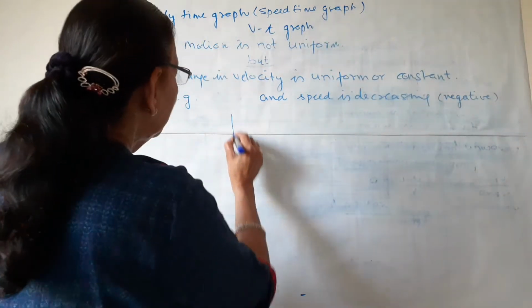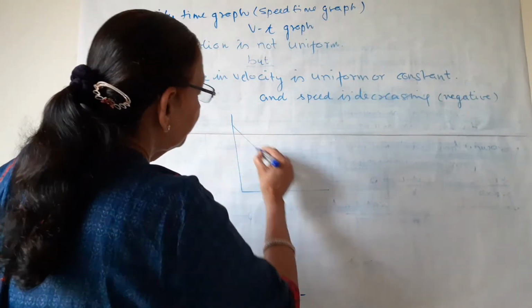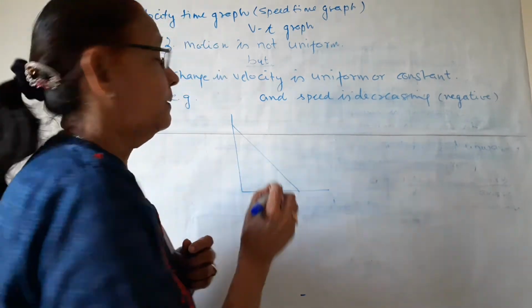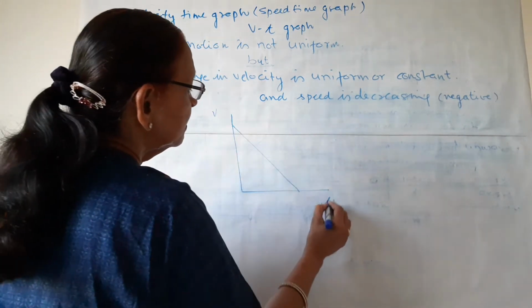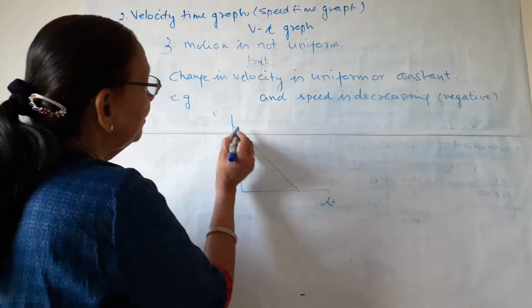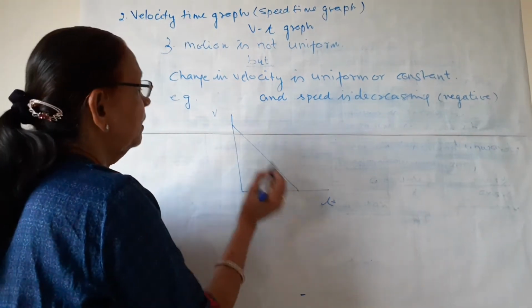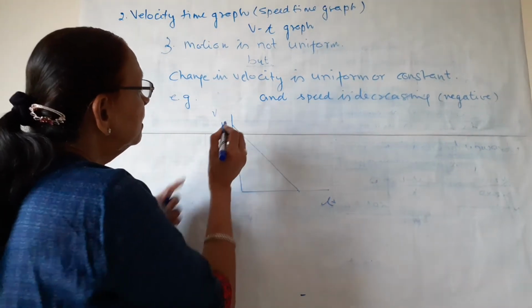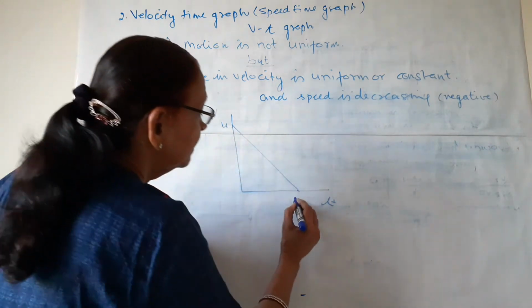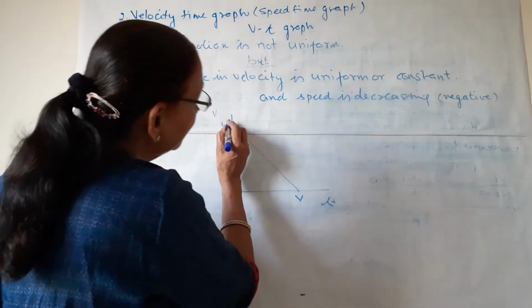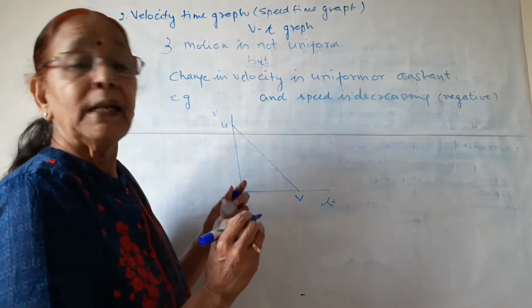So what will be the graph here? The graph shows like this. This is v, this is t. The graph line will be from here to here. The initial speed is here and this is the final speed. It decreases like this.